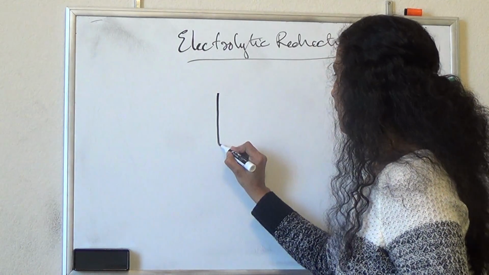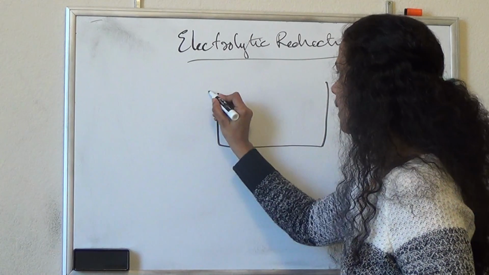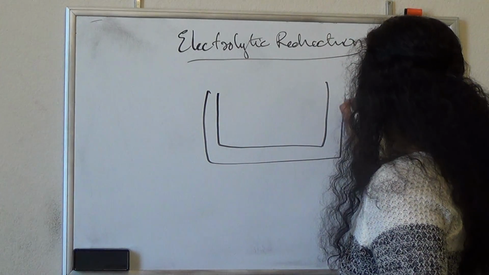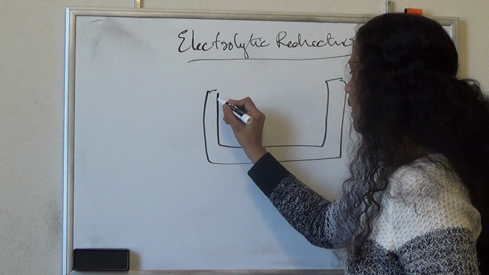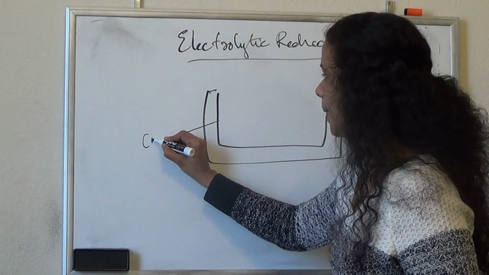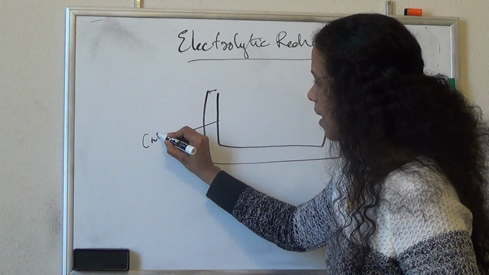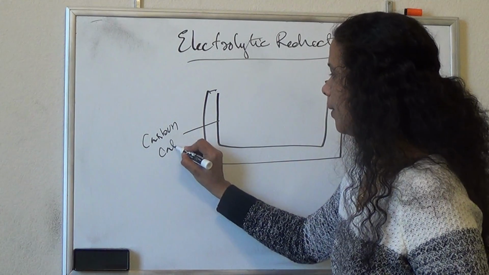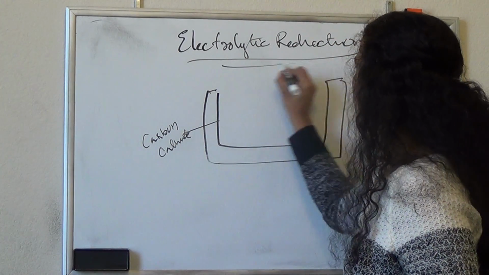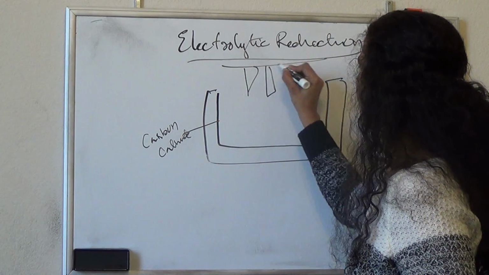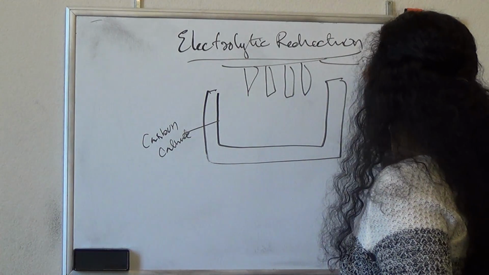In this, the device is a vessel containing a carbon lining. The carbon lining acts as the cathode, and a series of carbon rods acts as the anode.